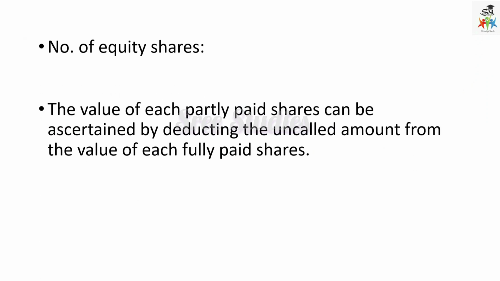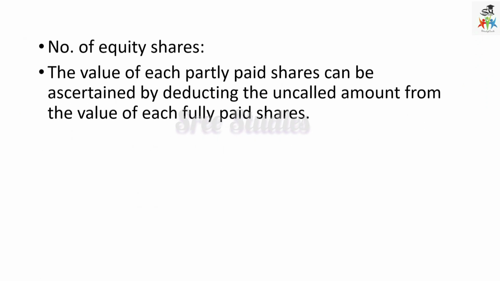Then the number of equity shares means how many shares are available in the company. If any shares have an uncalled amount, that amount is also taken into account and the shares are treated as fully paid up.